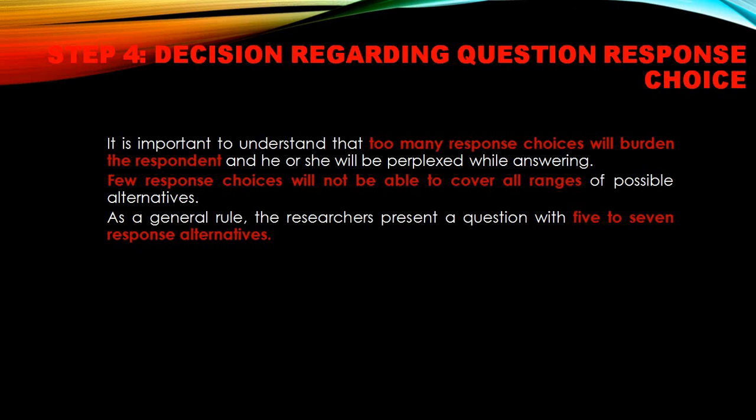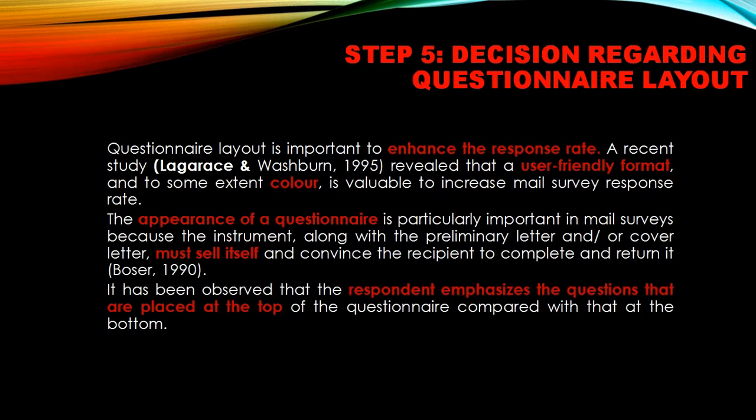So you are walking a tightrope. As a general rule, the researchers present a question with 5 to 7 response alternatives, and that's ideal.